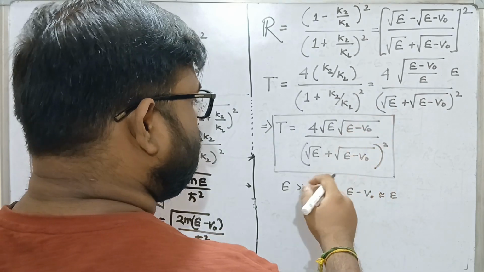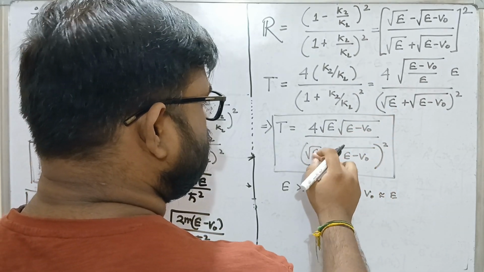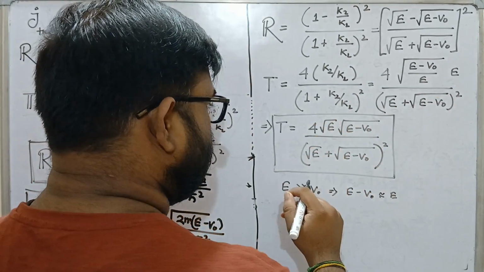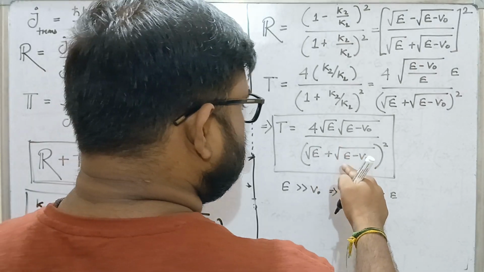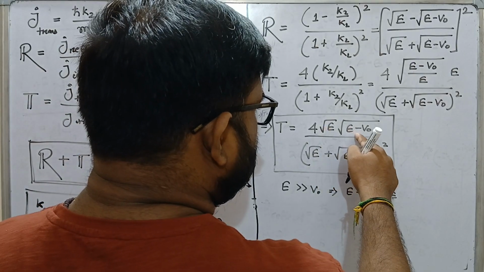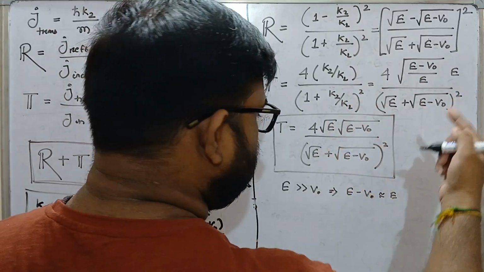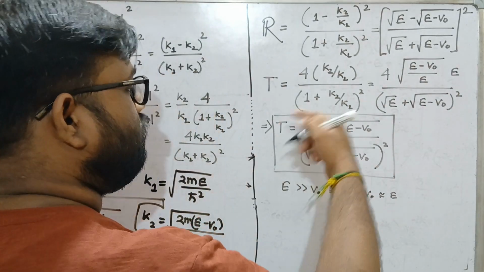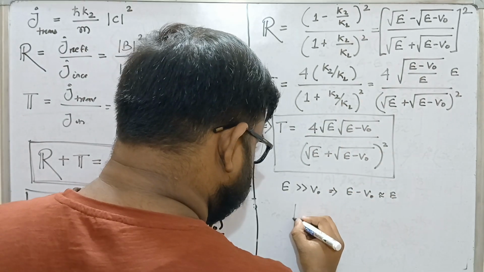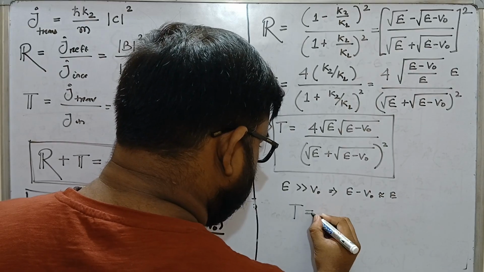When we do the whole square, 2 square will be 4 and will be cancelled, root E times root E will be E, and the square of root E will be E. That will give us transmittance equal to 1.